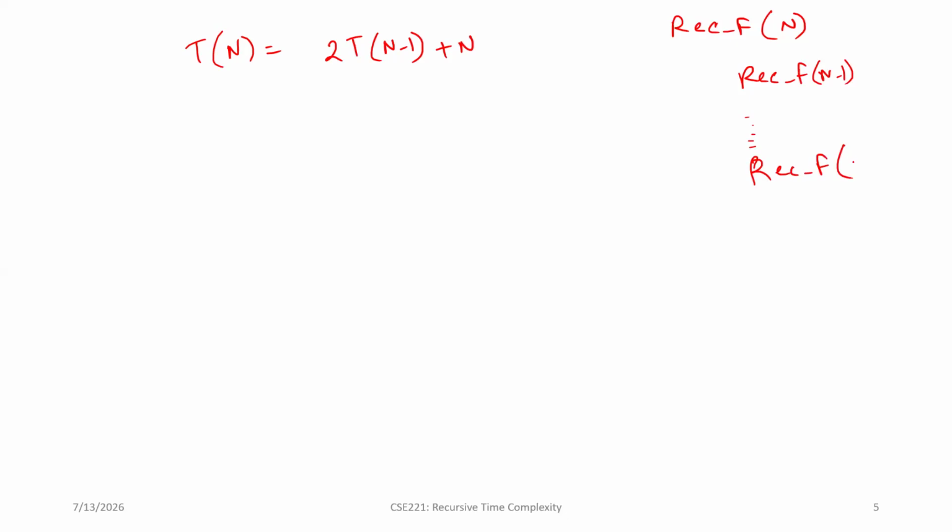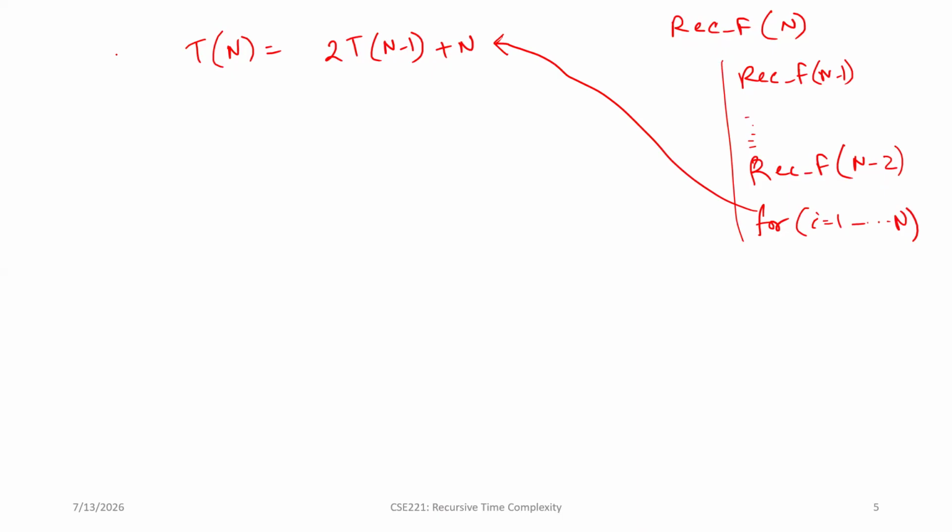They don't necessarily need to be exactly n-1. It could also be n-2, just from the approximation we did. And there's a linear time loop somewhere in the function, which makes the additional time complexity of n. And we want to find the actual complexity of this recursion.